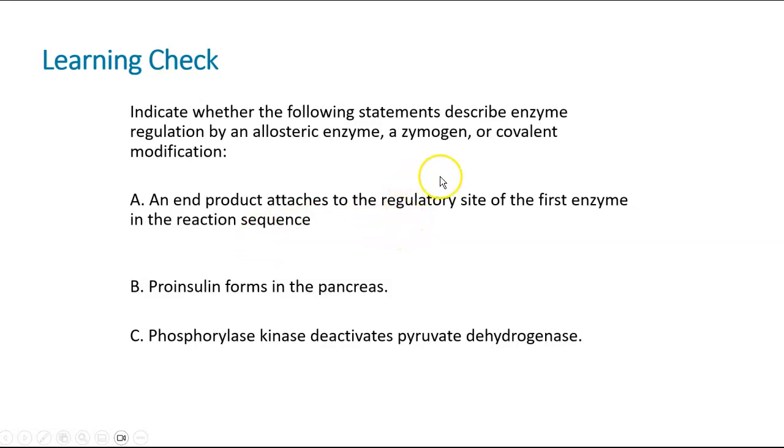So if there is a regulatory site in the enzyme itself, and if the end product is attaching there, then that should be an allosteric enzyme.